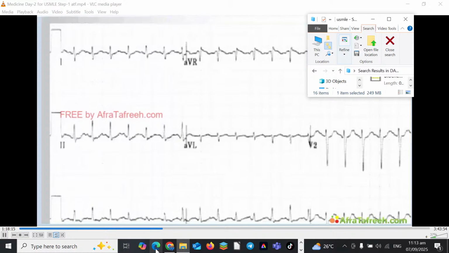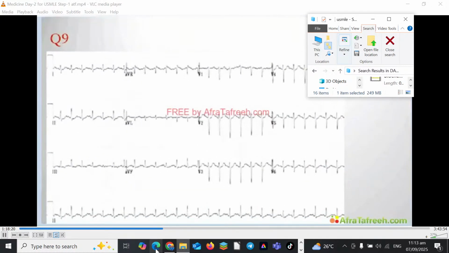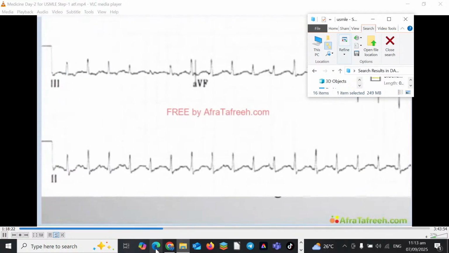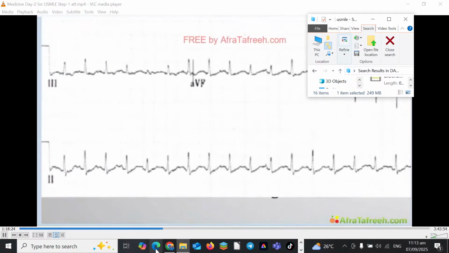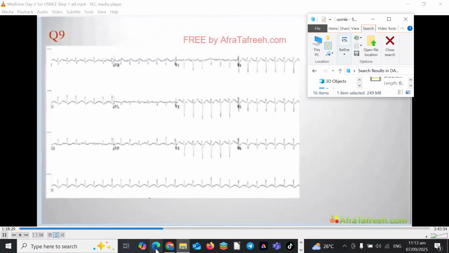So this is a classical example of a sinus tachycardia. Look here.